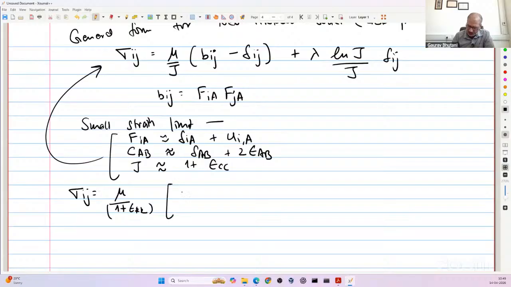Then we have b_ij, which is F_iA times F_jA. F_iA is approximated as delta_iA plus u_i comma A, and then F_jA is written as delta_jA plus u_j comma A.